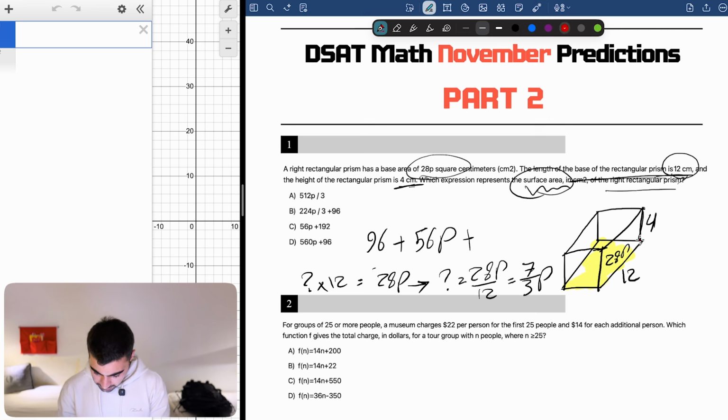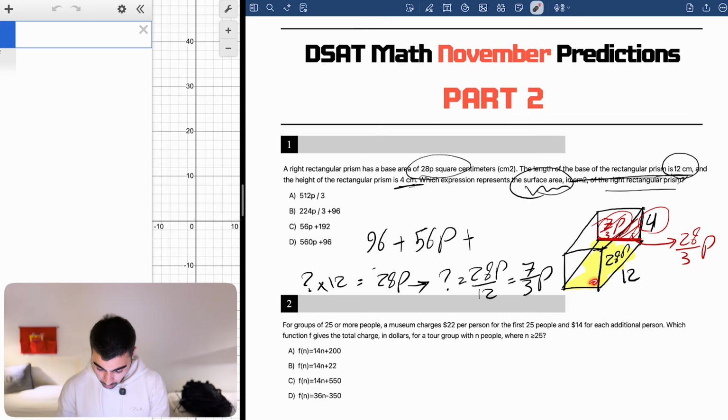So the length of this side is 7 over 3 π. Now we can find the area of this face, which is 7 over 3 π times 4. That's going to be 28 over 3 π.